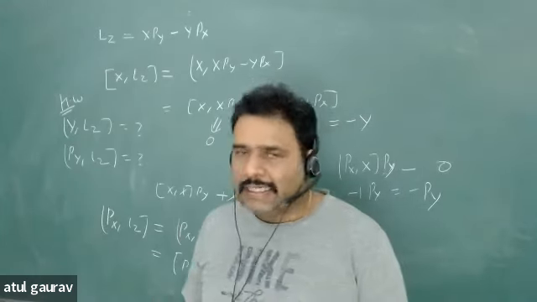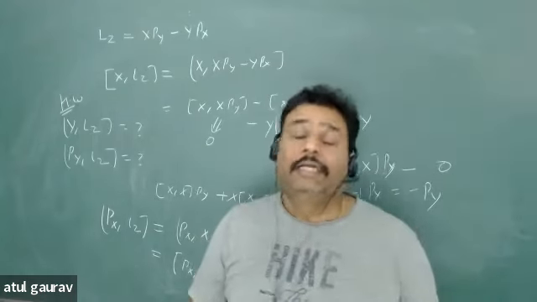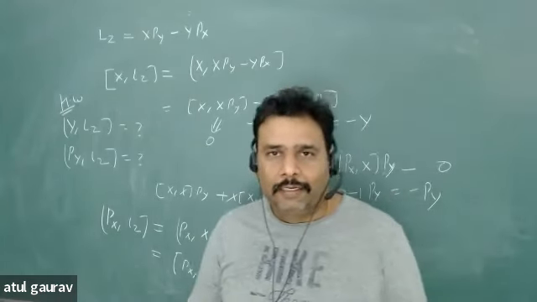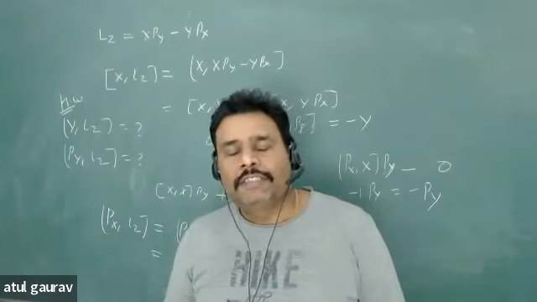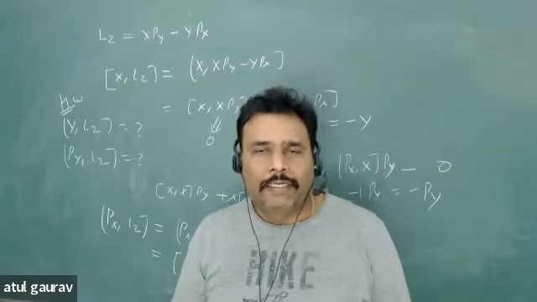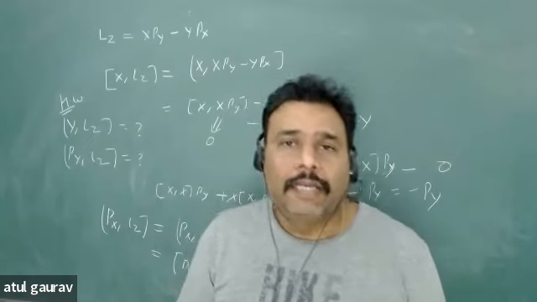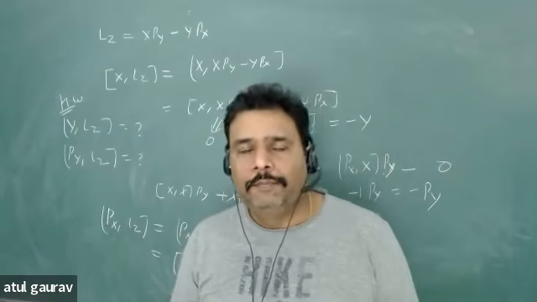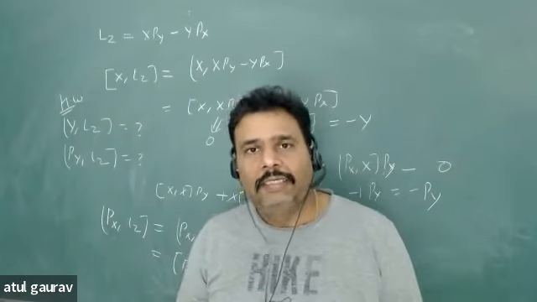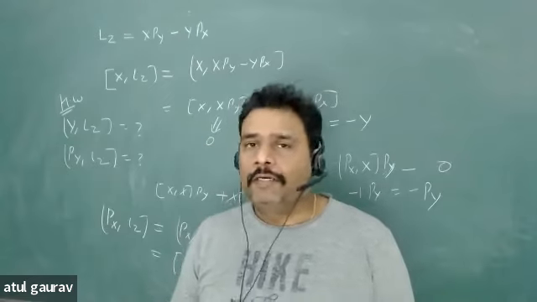But in the next class, tomorrow's class, we will figure it out. Again, the main purpose is to see how the Hamiltonian and the Poisson bracket formulation help us analyze different types of symmetry in a system. Okay, so tomorrow's class is very, very important.